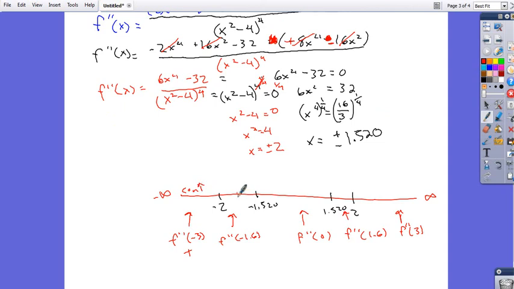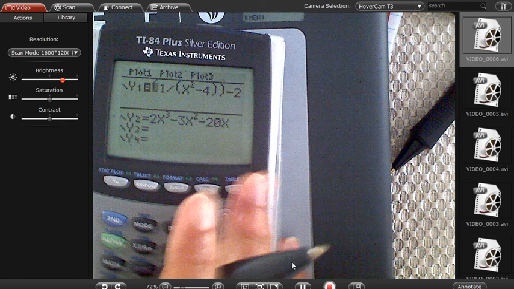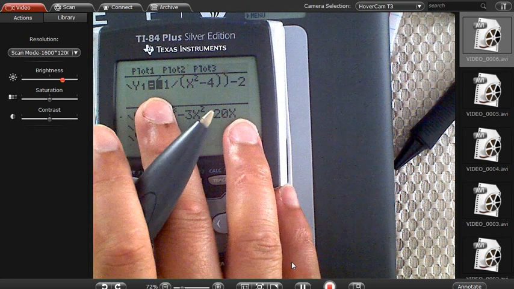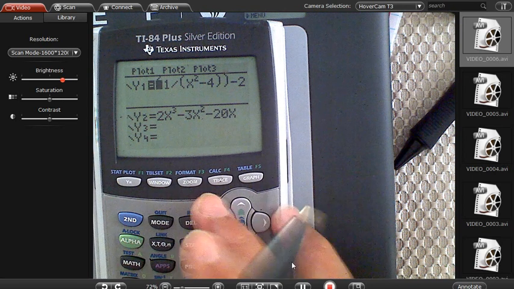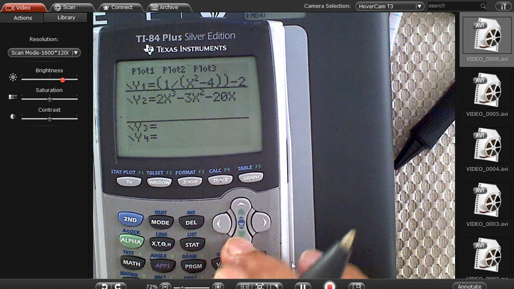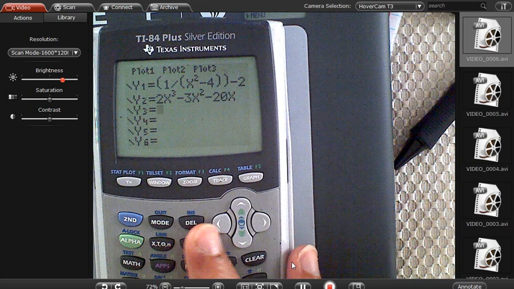Alright, and then f double prime of negative 1.6, I'm going to have to use my calculator on that one. And here it wouldn't be a bad idea to, I'm going to show you again, use your function value, right? So I've got this, and I've got this one highlighted so that I know I'm plugging it into the original function. But instead of the original function here, I'm plugging it into the second derivative. Alright, so we have to create a new second derivative for y.